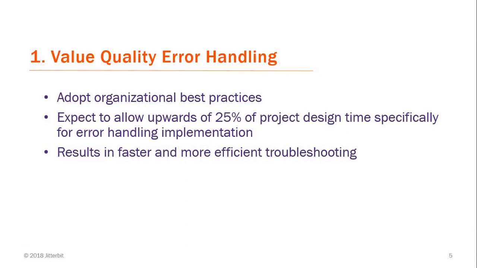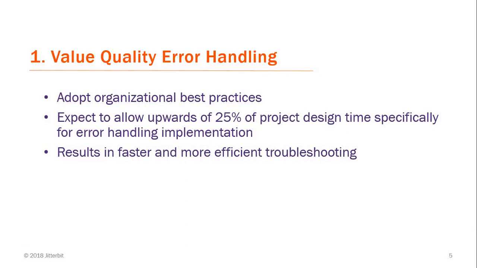The next thing is allow enough time to implement best practices. It's real easy to go in and scope out a project and say, okay, I know this is going to take, let's say it's a large project, 3 weeks of time to do this project. Did you account for error handling?